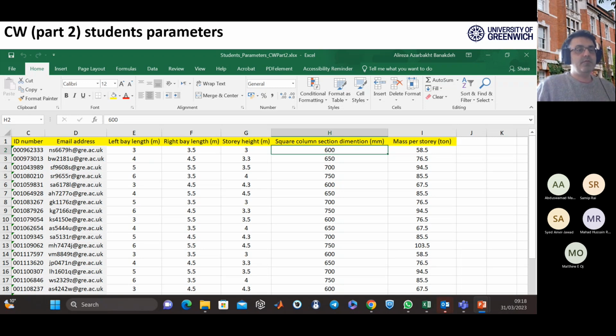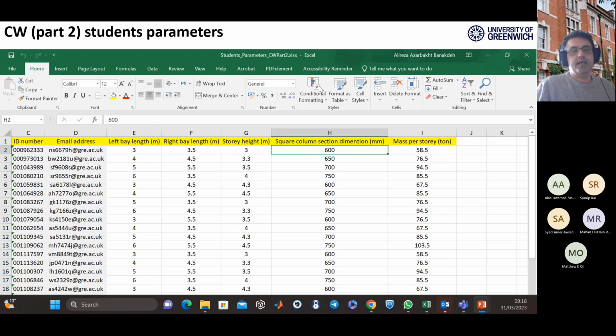For the first student, it is 3 meters and 3.5 meters. This is the story height, which is identical for all the 10 stories. For the first student it is 3 meters. So with these 3 parameters, you know the geometry of your frame: the first bay, the second bay, and the height.